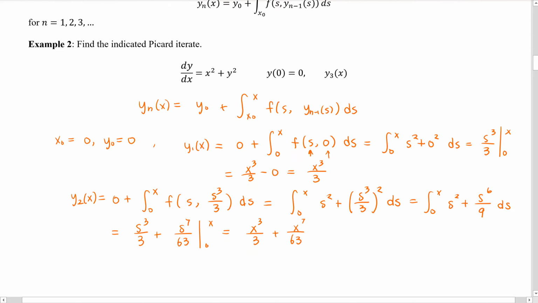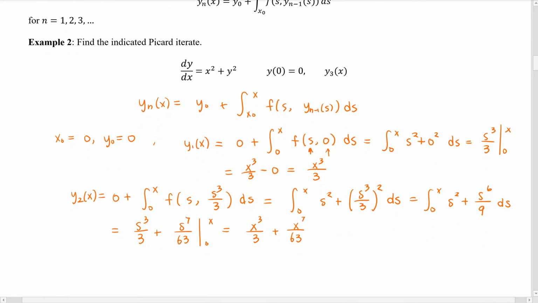Okay, let's continue. Here we're only looking for y3 of x. So one more step and we are done. Similarly, here we plug in y2 of s, which is s cubed over 3 plus s to the 7 over 63.